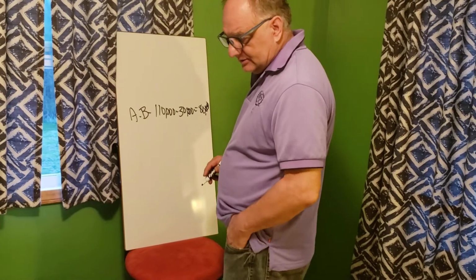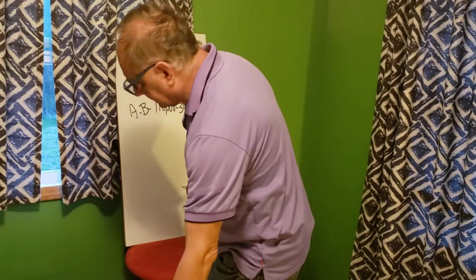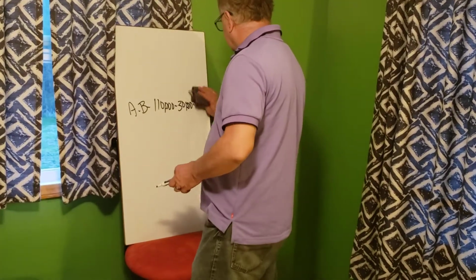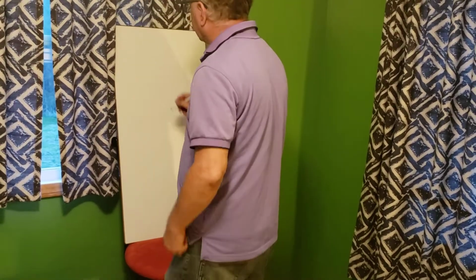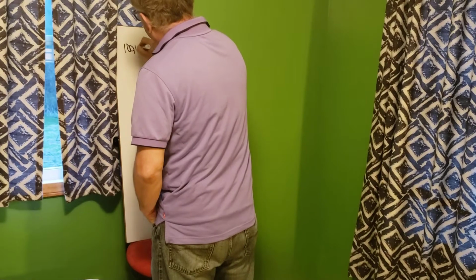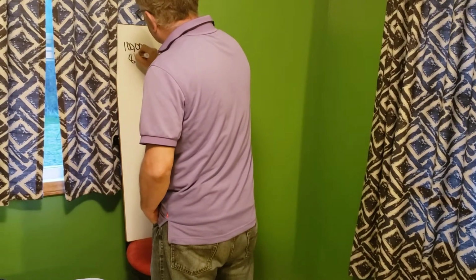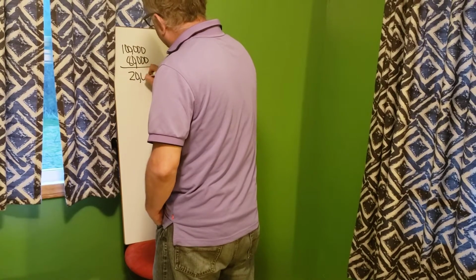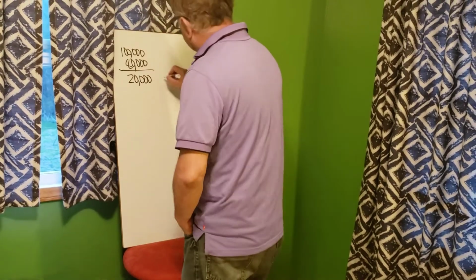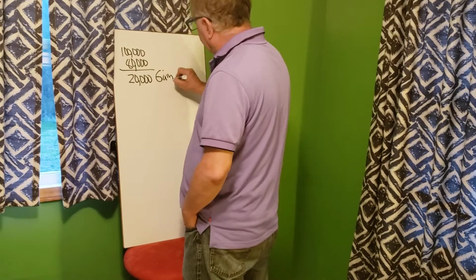Now my sales price is $100,000 minus my adjusted basis is $20,000. This then becomes my total gain.